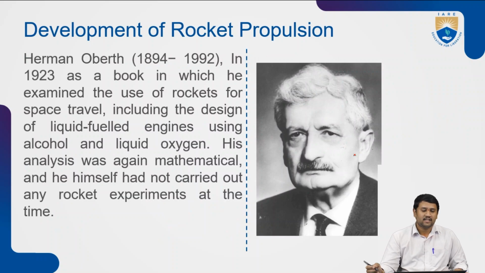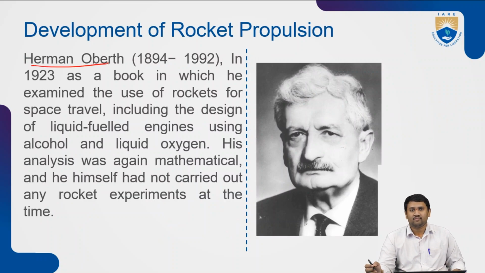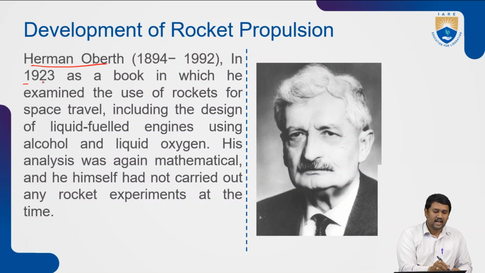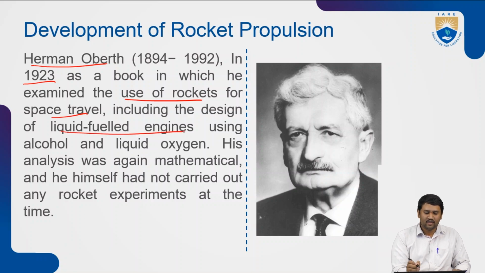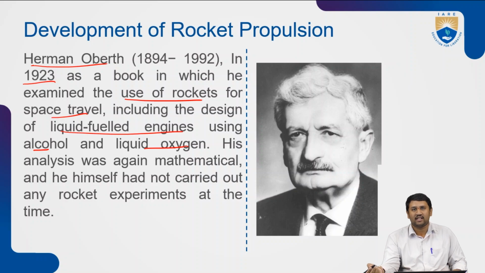The second person is Hermann Oberth. He is similar to Konstantin Tsiolkovsky, who performed mathematical calculations related to space travel. His thesis was rejected and he later published it as a book in 1923, which examined the use of rockets for space travel, including the design of liquid-fueled engines using alcohol as fuel and liquid oxygen as oxidizer.